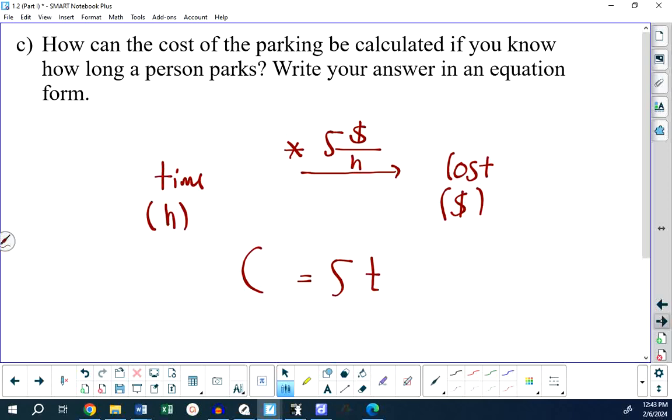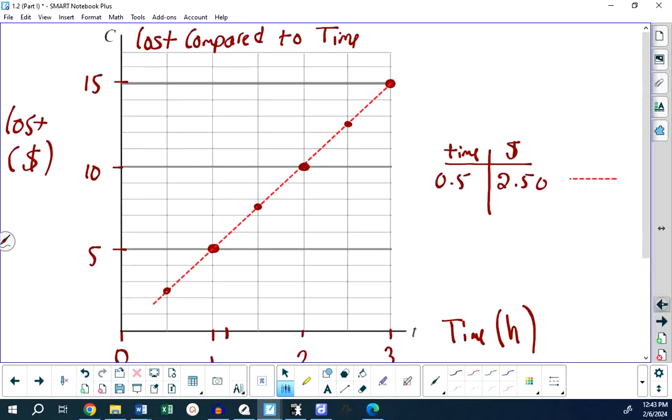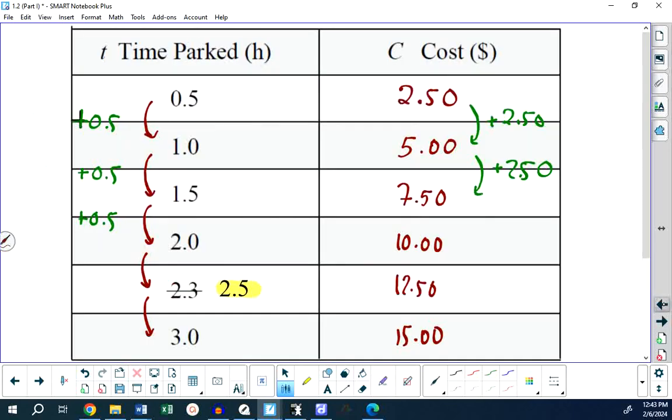Let's just check this out. Does that work? Take your calculator and take 0.5 times 5 and see if you get 2.50. Well, I don't know that you need your calculator for this one. 1 times 5, does it give you 5?